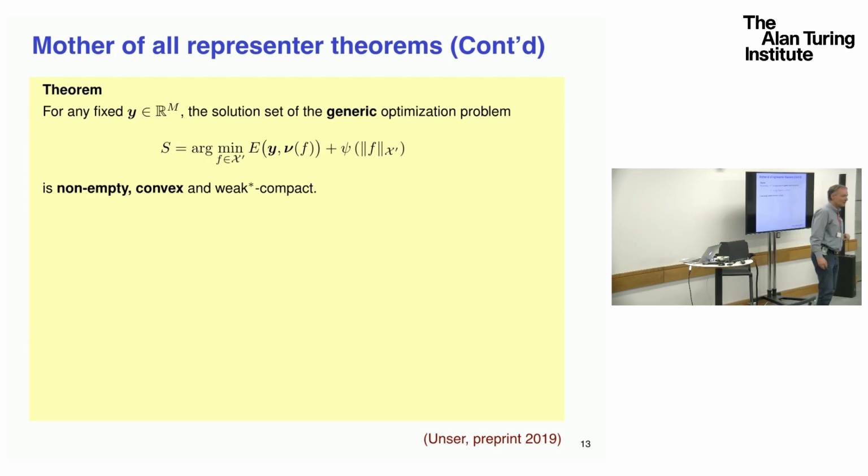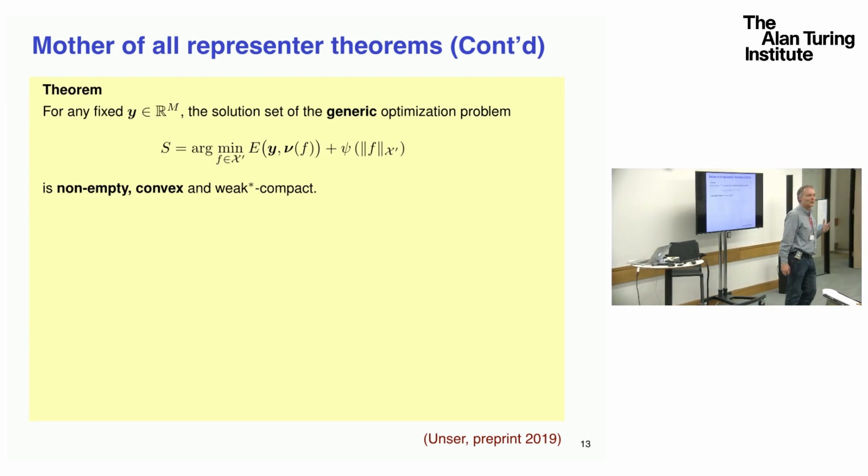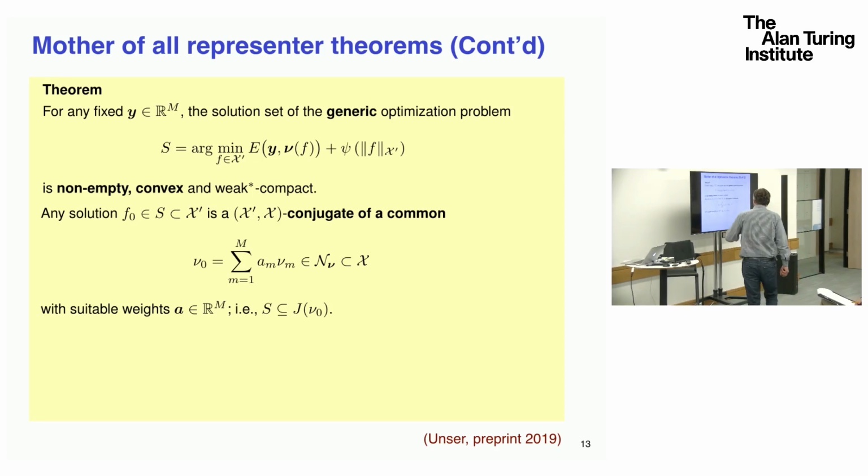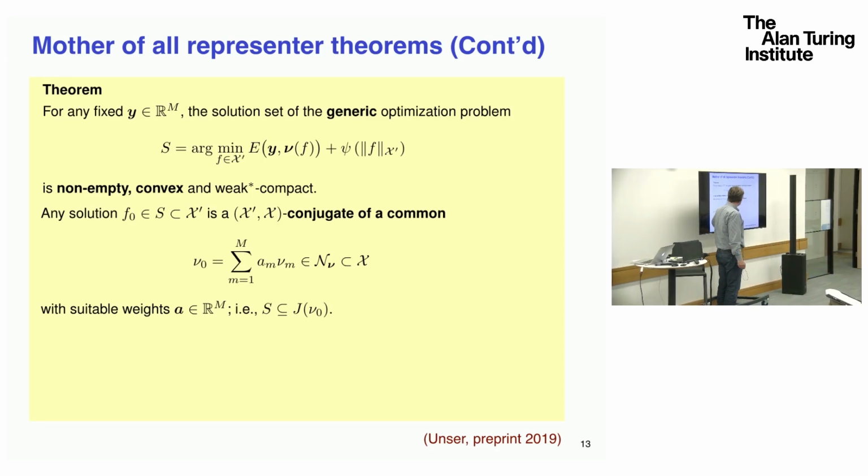You say, well, what's the big deal? It just means the solution exists. Well, that's a good start. Any solution f0 in this set is the X' conjugate of a common guy that lives in the span of the measurement functionals with suitable weights a.